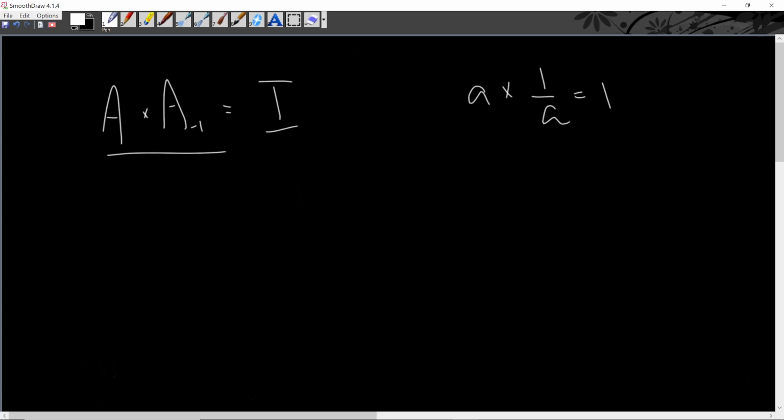So A inverse should be something like A times A inverse, we'll write that as A negative 1, should just be I. It's kind of like saying that A times 1 over A equals 1, but we're working with matrices instead of normal algebra.